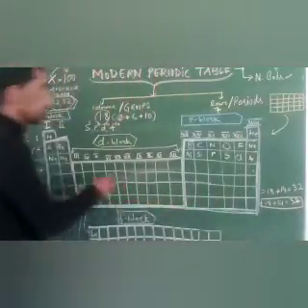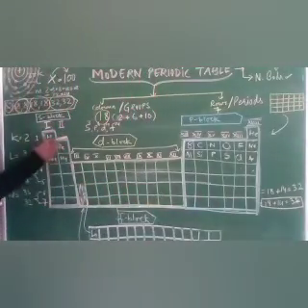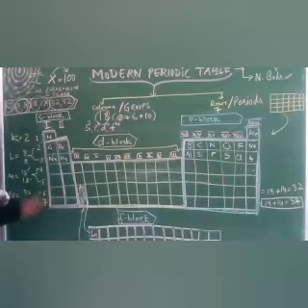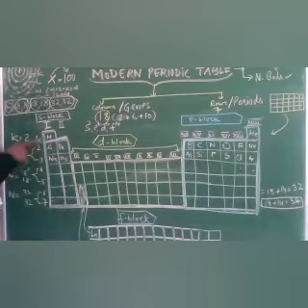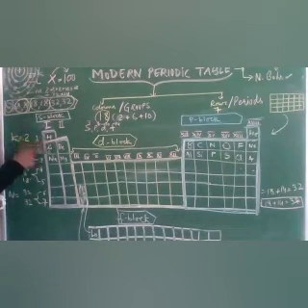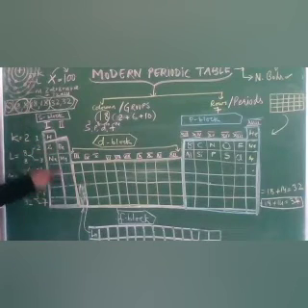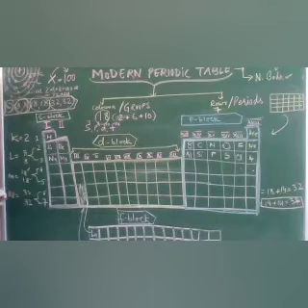Similarly here also different lines have different families. Suppose you can see here I have marked this with yellow chalk, and these with pink chalk. It means that these are members of the same family.